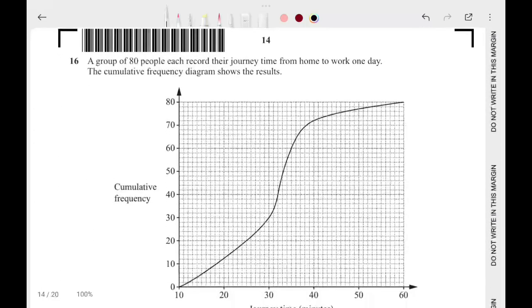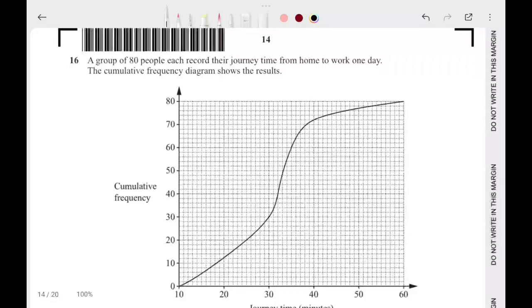Next question. A group of 40 people each record their journey time from home to work one day.